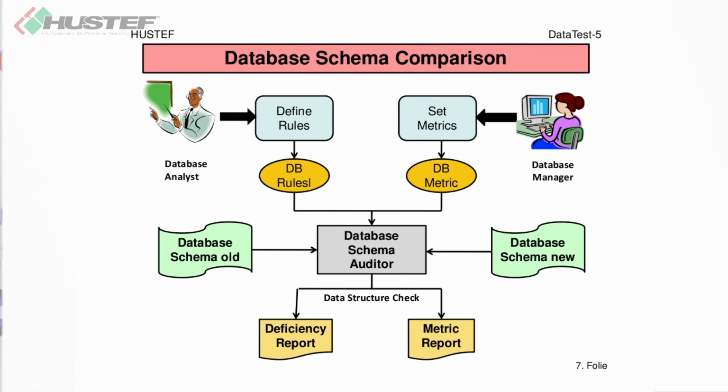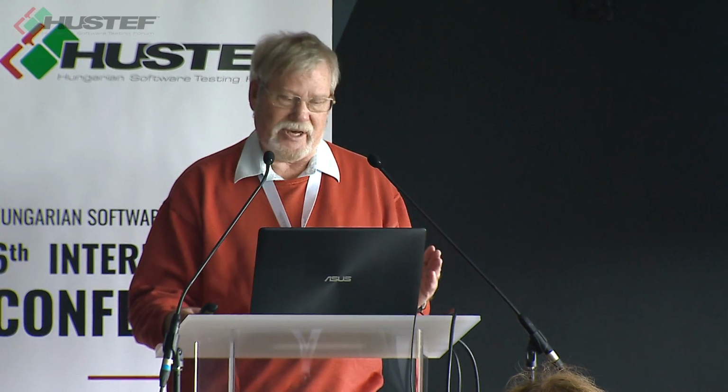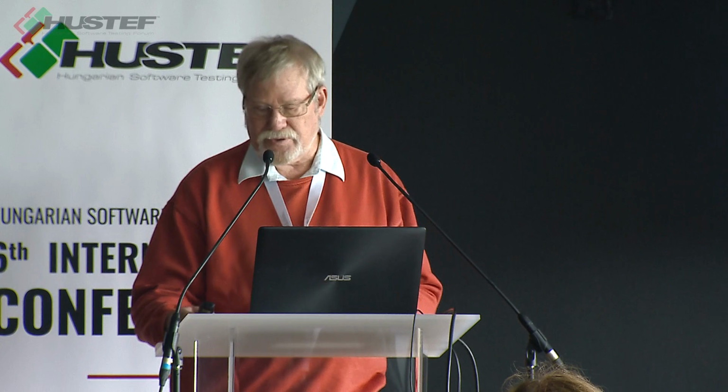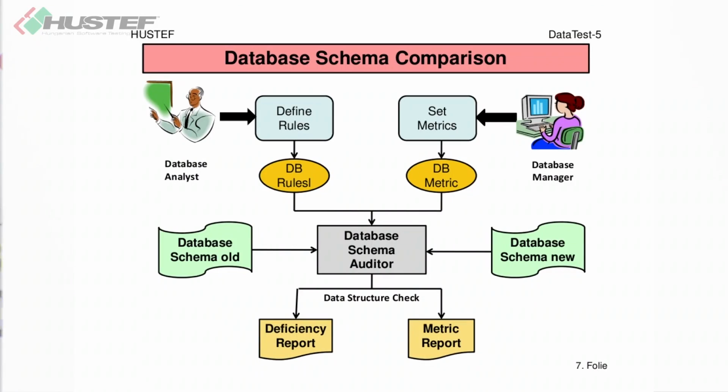So here we can take the original schema, say this is in the case of a migration project, and we compare it with the new schema to see that all of the data fields are still there and they are compatible with one another from the type. So when we check this data schema, this is a static analysis. We produce a report on the deficiencies and also a metric report. So you see this is the static database check.